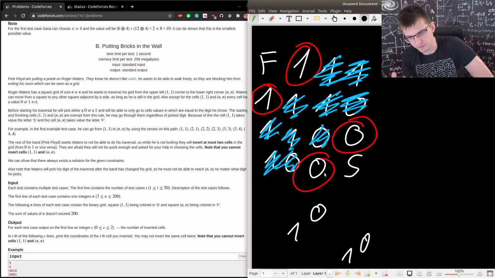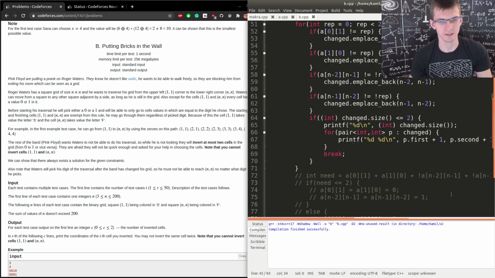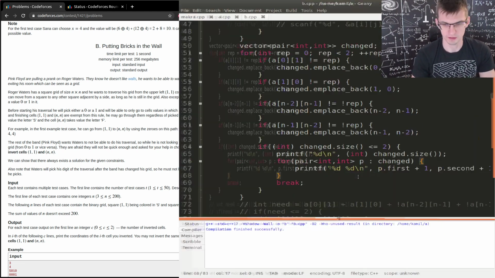If I achieve that, there is no path for him. If it's 0 0 at the top or 1 1, then I will manage to do it. If it's 0 1 here and 0 1 there, then I need to change it. It seems fine, but let's put an assert.